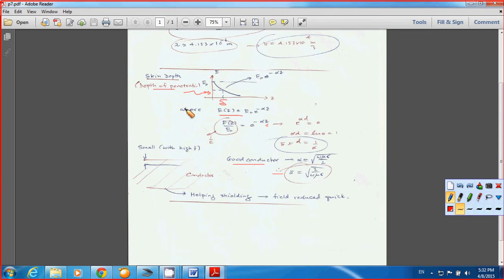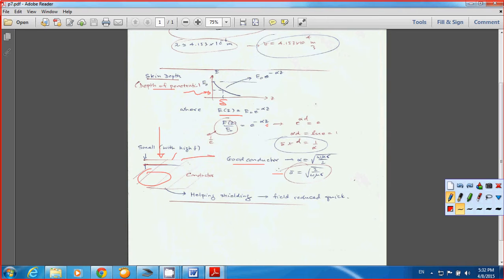So what is so important about the skin depth? Well, you take a look at a conductor. When you have interference signal or noise, whatever is coming in, you don't want electromagnetic interference. You can insulate some kind of material with a good conductor, because it will get rid of your electromagnetic wave.